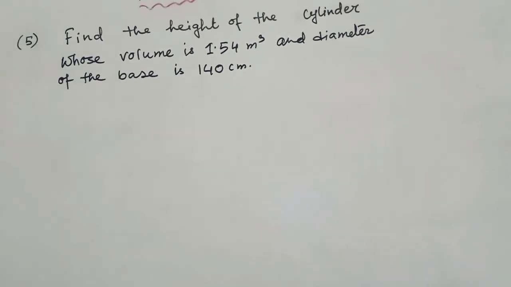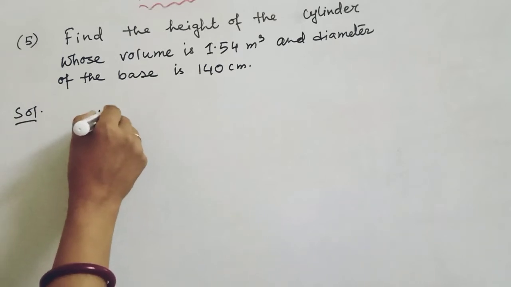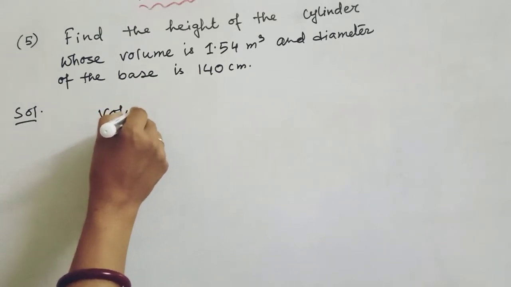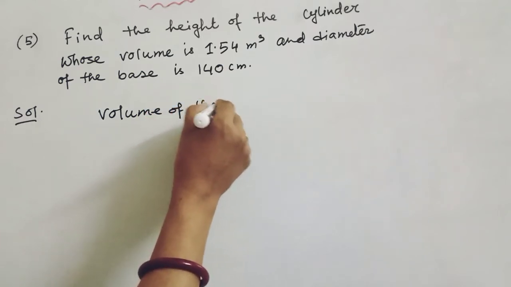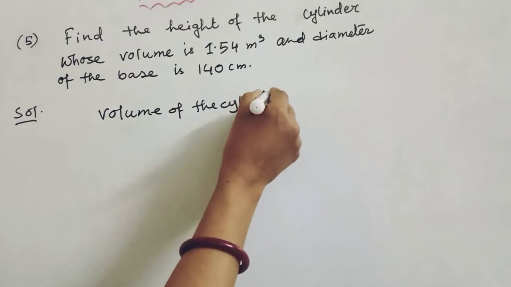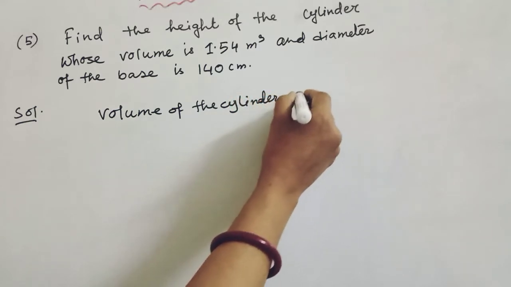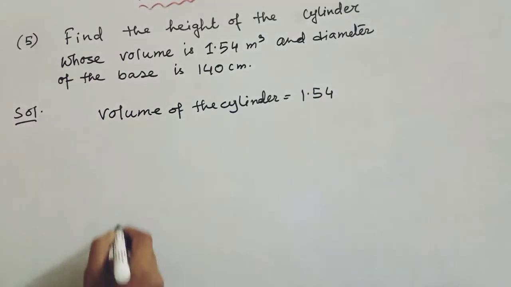Now volume of the cylinder is given. Solution of this sum we will start now. Volume of the cylinder is 1.54 meter cube.